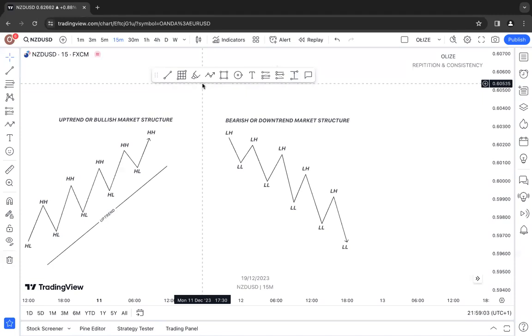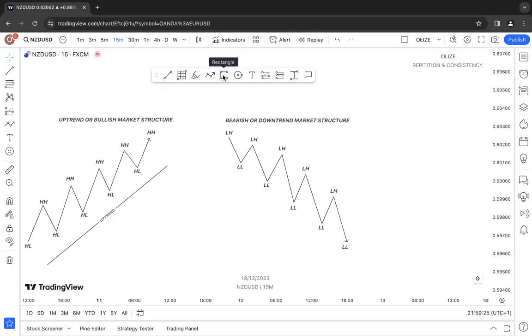Yeah, so for the tools I make use of, this is the trend line. This is my gain box. This is my highlighter. This is my path, rectangle, circle, text, long position, short position, my price range and my call outs. So these are basically the only tools I use.